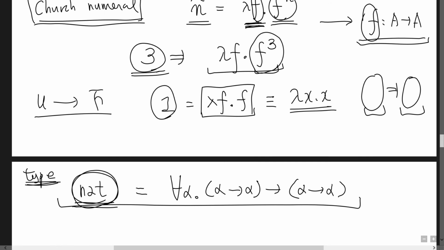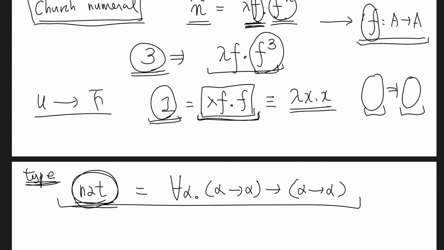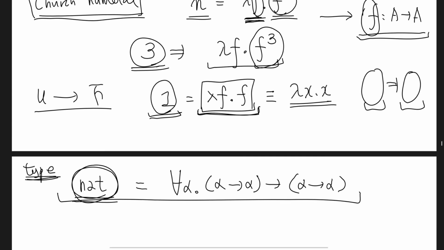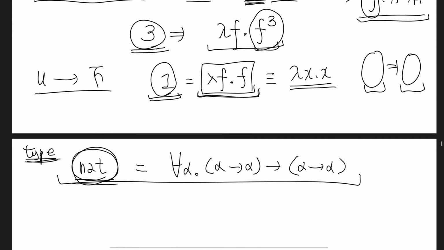For example, is this intended as the encoding of natural number 1, or is this intended as just an identity function? It's unclear. Now, thanks to this encoding at the level of types, we have a much better chance of figuring out the intended meaning of the given expression, unlike in untyped lambda calculus.